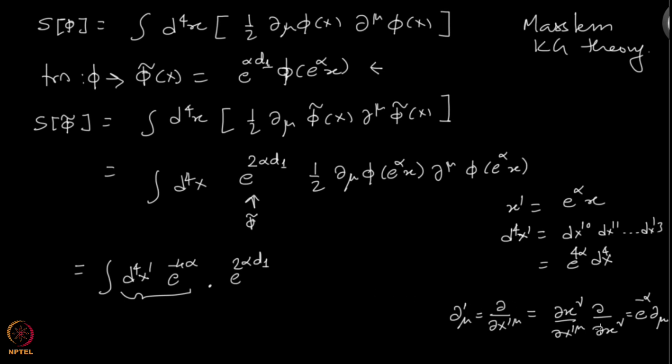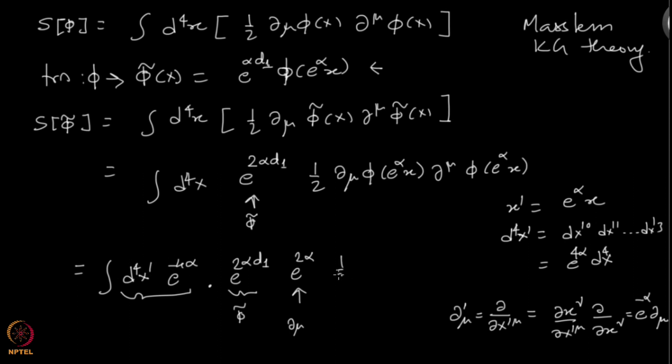So that one we can substitute. Because you have two such factors, each of them brings out e to the alpha, because I am writing del mu in terms of del mu prime. So I get e to the 2 alpha from the derivative pieces, and then this was coming from phi tilde, and this is coming from the Jacobian.